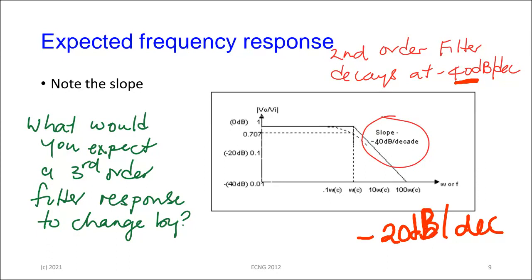The first orders decay at minus 20. So a second order, and we'll prove it in the signals class tomorrow for those of you doing it, will decay at minus 40. And of course, a third order filter, which would have something like an S cubed in the denominator, would decay at minus 60 dB per decade. And so you keep going on. It's not too unusual to have, in the analog domain, maybe 5th and 6th order filters.